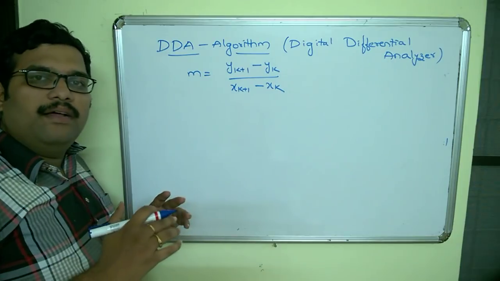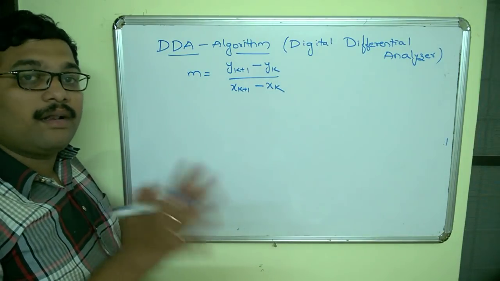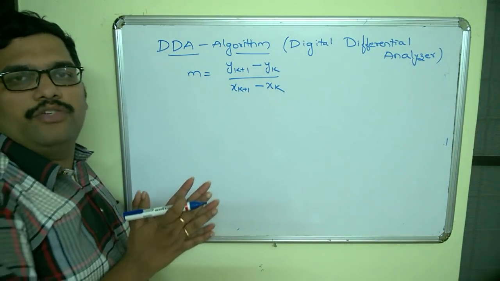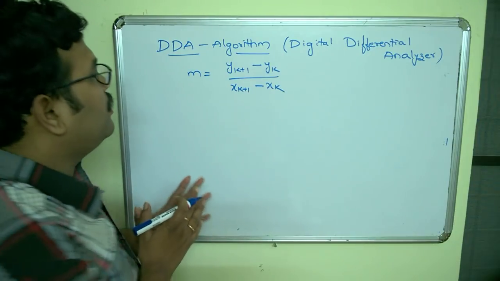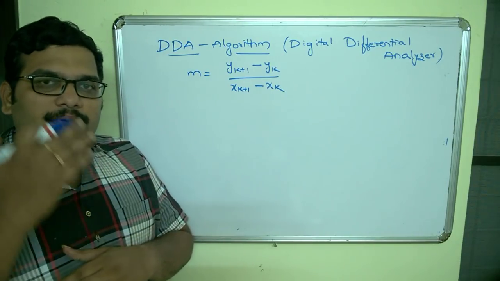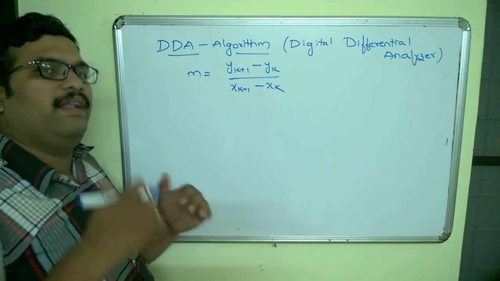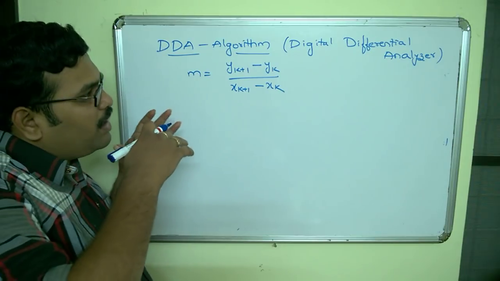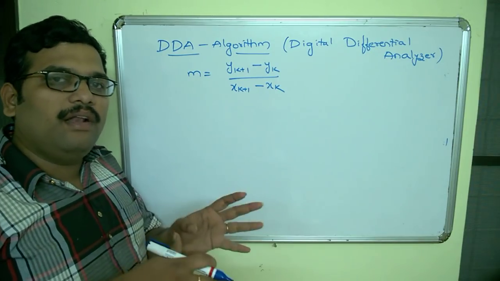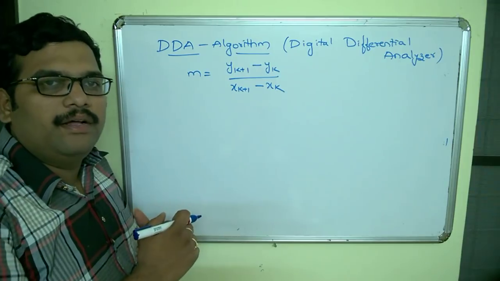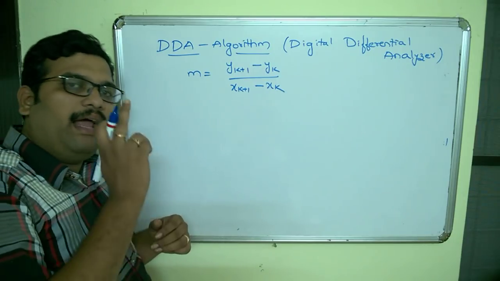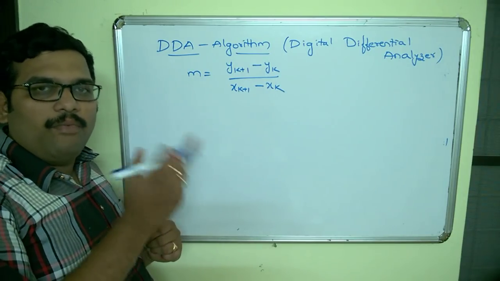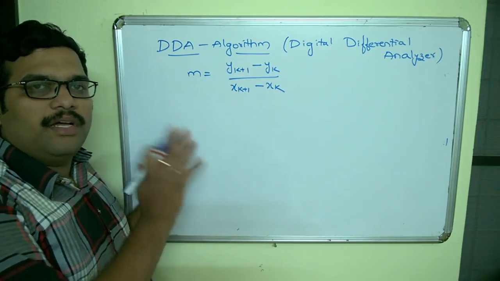We have to find all the intermediate points from the starting point to the ending point. We start our algorithm from the starting point, find the next coordinate and then the next, and continue the same procedure till we reach the end point. Whenever we get the end point x comma y, we stop the algorithm.